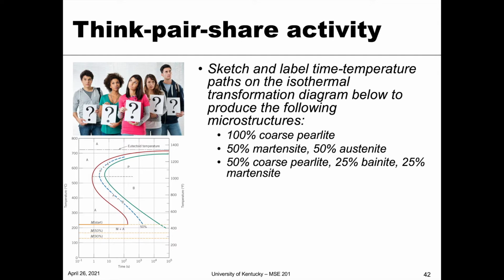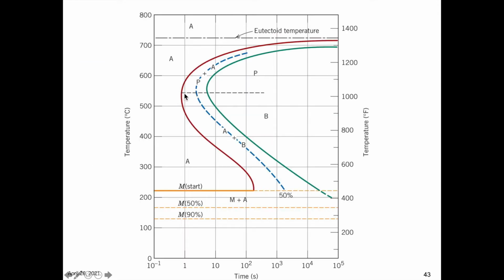The higher the temperature, the more coarse something is, because the layers of pearlite are thicker, and because at the higher temperatures the diffusion times are faster, we can have coarser or thicker layers. So coarse is going to be at the higher end of the range. If our range is from 550 up to 727, we're going to pick somewhere in the high end of that. Okay, so let's go over how we would draw this.